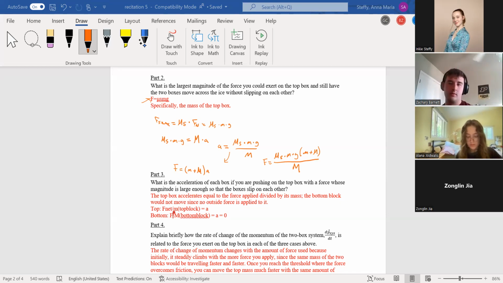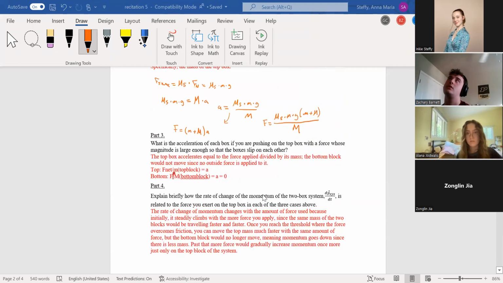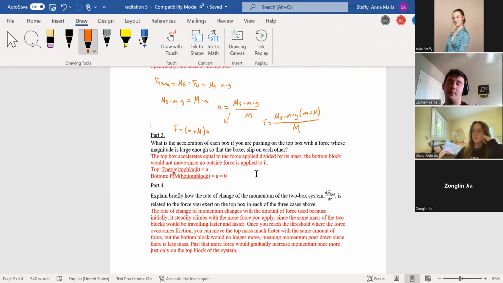And the thing is, if we do have to take friction into account, then it makes me think the bottom block would also move. Because we're talking about, for part 3, if it's just the force applied, or if we have to take into account friction still, and subtract by that.